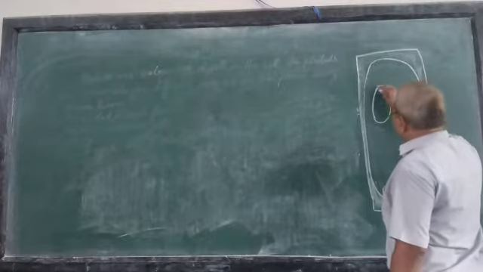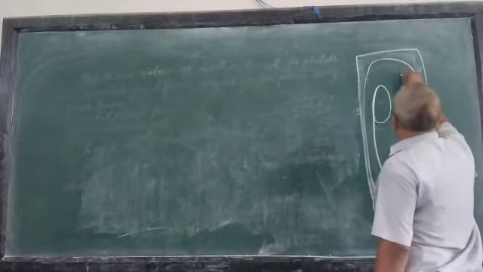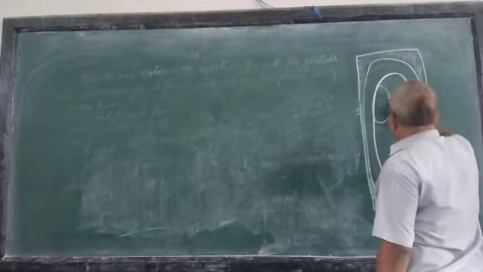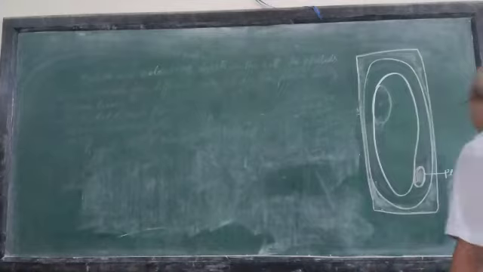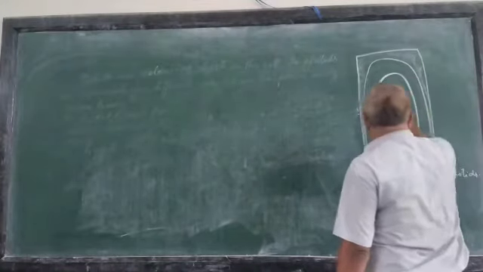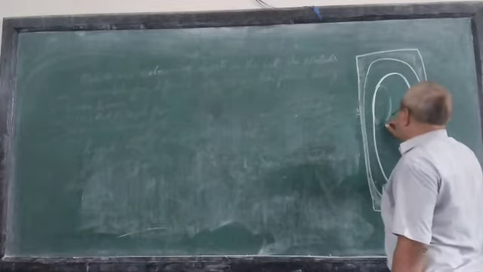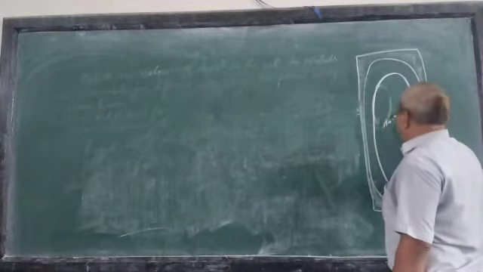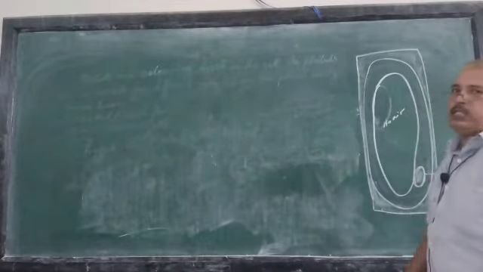Sometimes this vacuole is very big, occupying nearly 80 to 90% of the cell. This full size is the vacuole. Inside this, nothing is there: no air, no water, nothing. This is empty space, like a bubble that is created.